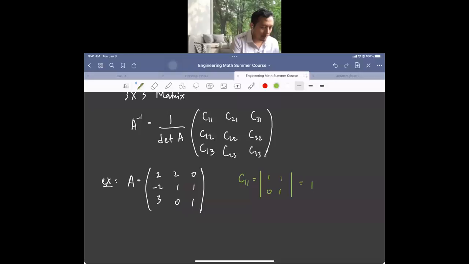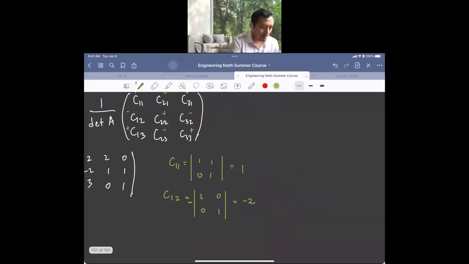Or let me write completely. So this will be 1, and then C12. So we are going to have 2 0 0 1, and this should be negative. Remember, the signs are positive, negative, positive. So this will be negative 2.